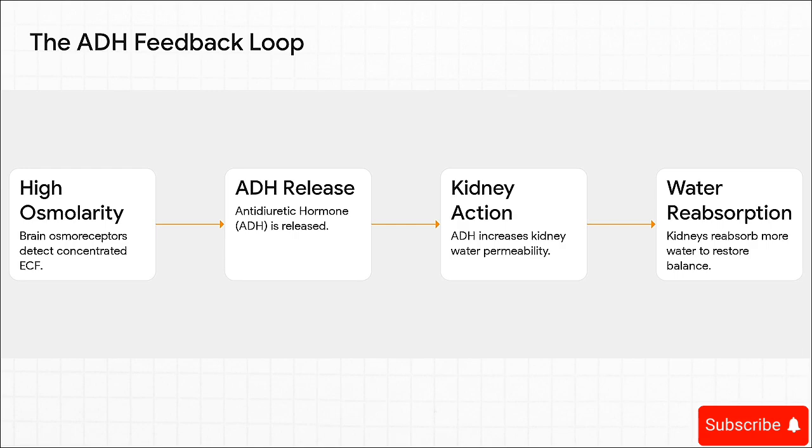If it gets a little too concentrated, your brain releases a chemical messenger called antidiuretic hormone, or ADH. ADH zips down to your kidneys and basically tells them, hey, hold on to water, don't let it go. The kidneys obey, they reabsorb more water back into your body, and boom, your blood gets diluted back to normal. It's this perfect self-correcting cycle.